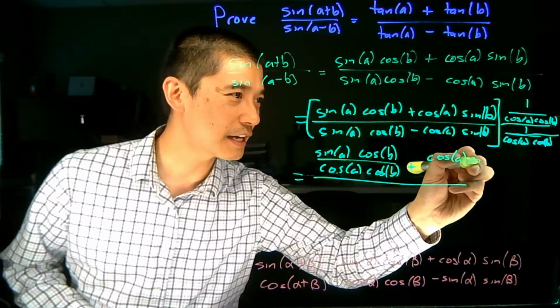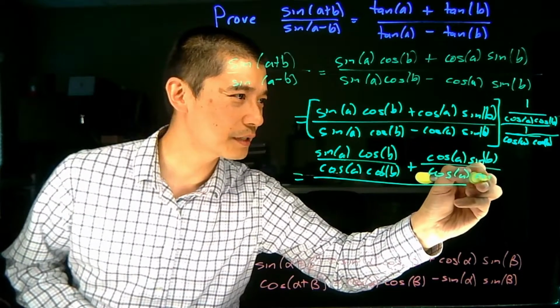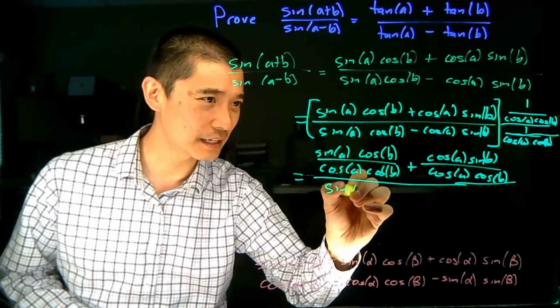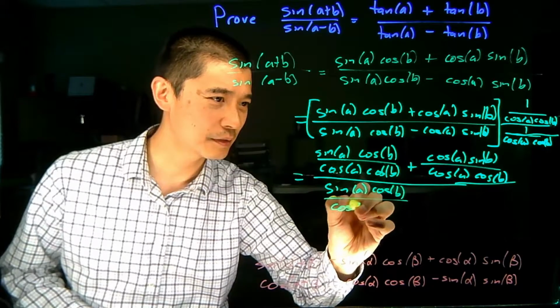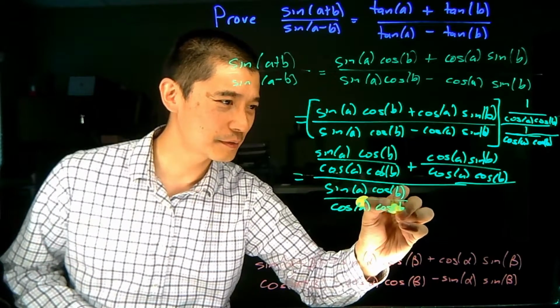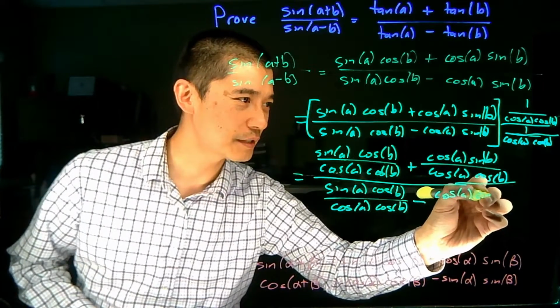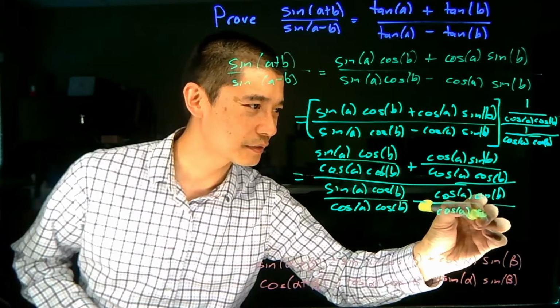Cos A sine B over cos A cos B, in the denominator, sine of A cosine of B over cosine A cosine B minus cosine A sine B over cosine A cosine B.